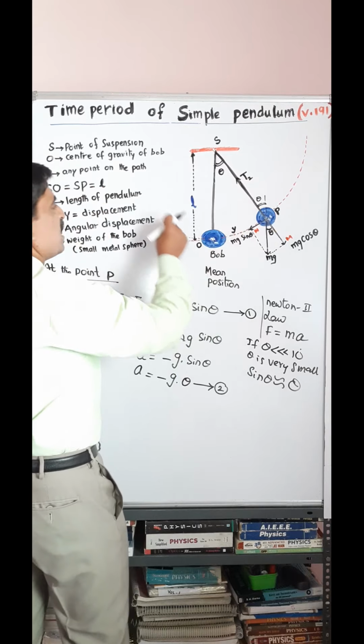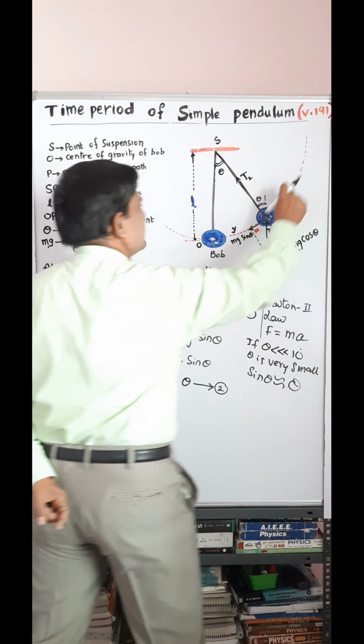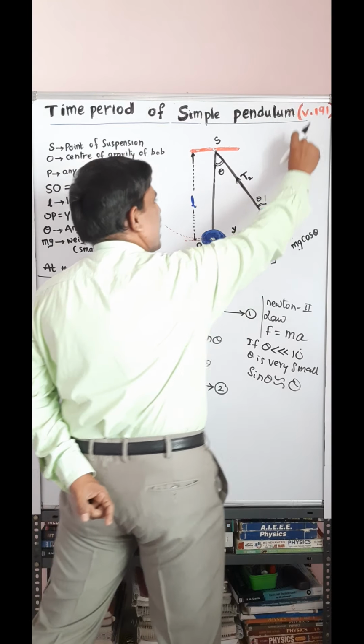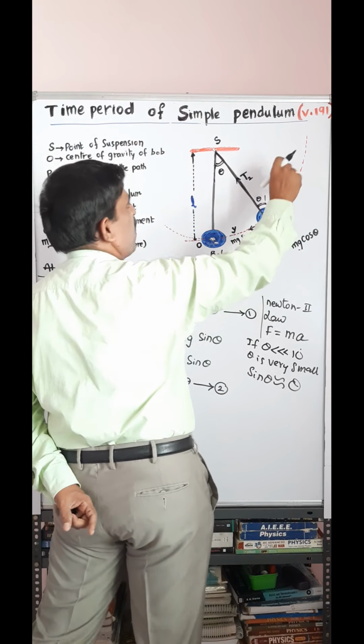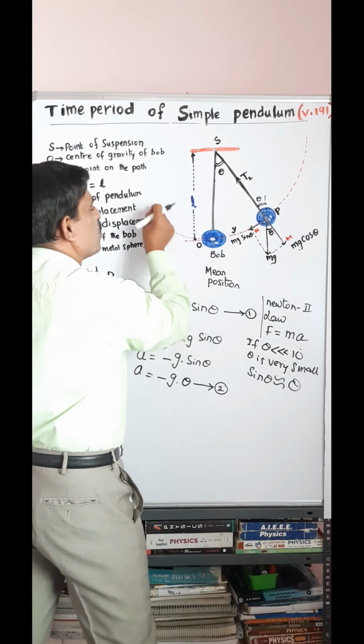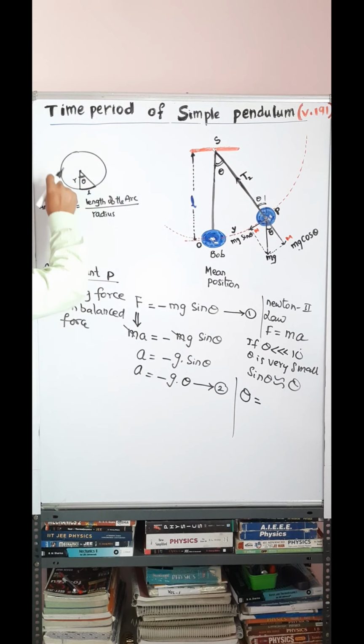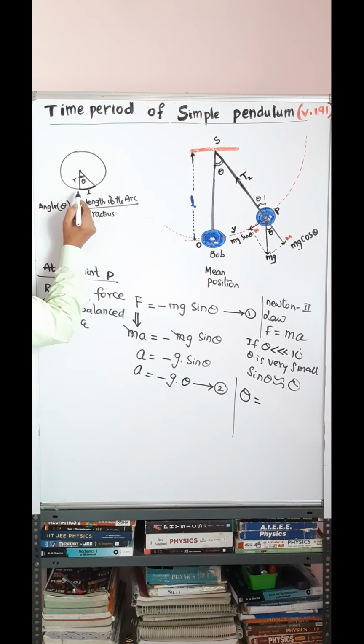Now, when the simple pendulum is moving to and fro, you consider it to be a circular path. This is the circle in mathematics. This small portion of the circle we are calling the arc of the circle.